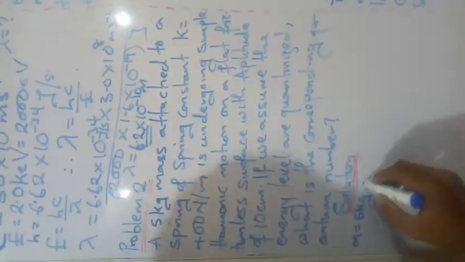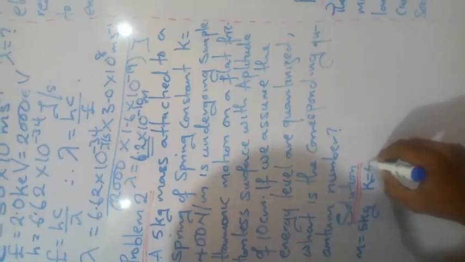A 5 kilogram mass attached to a spring of spring constant K equals 400 Newton per meter, on a surface with amplitude of what? 10 centimeters. Now the amplitude A.